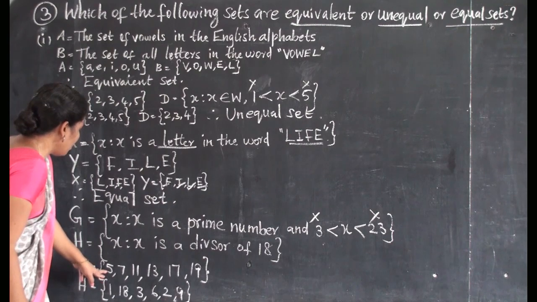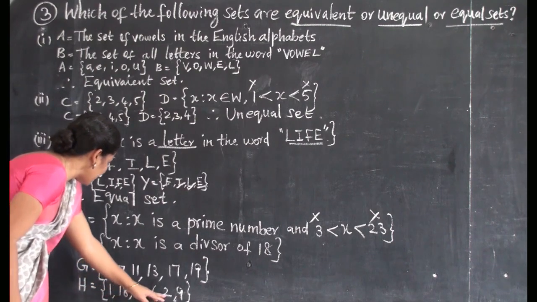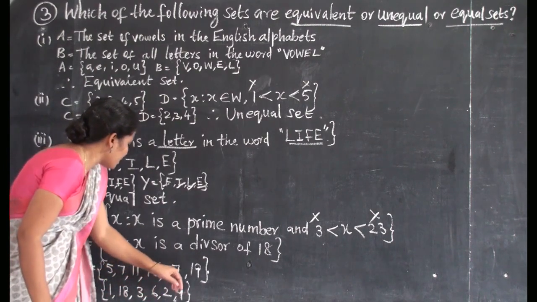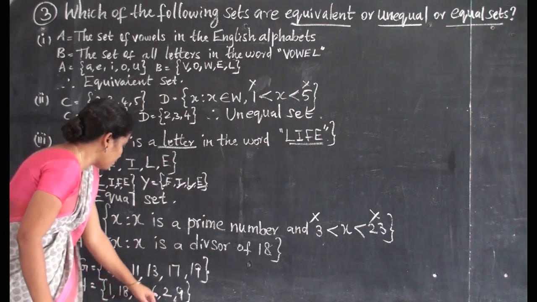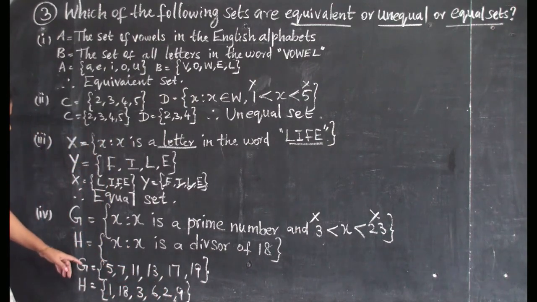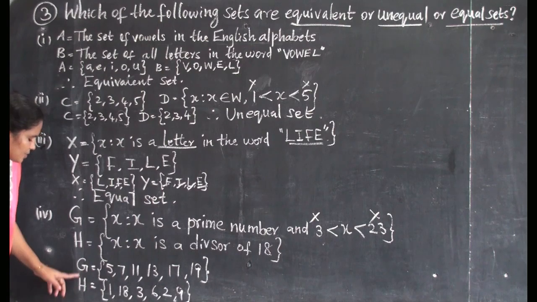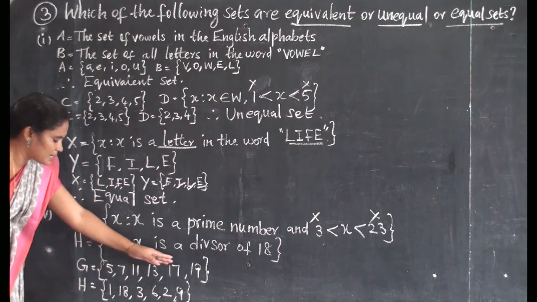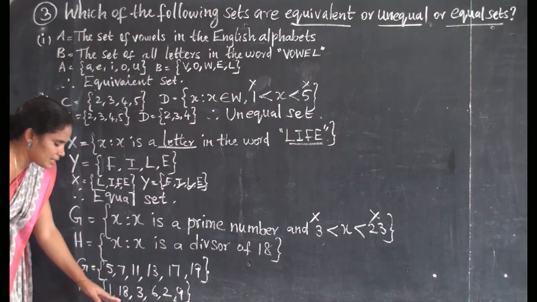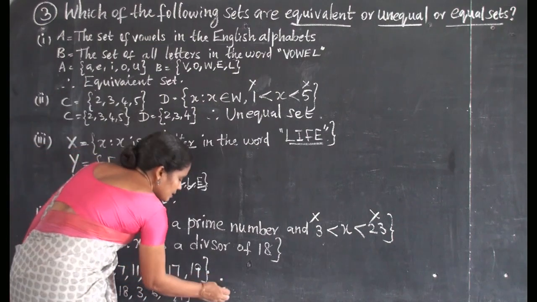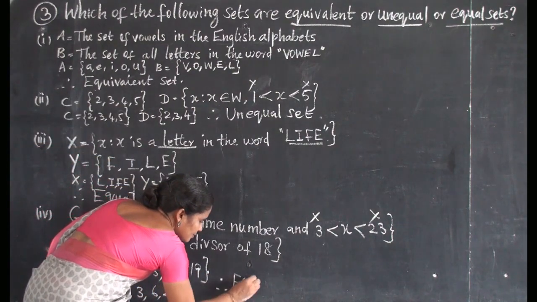G is equal to 5, which is not applied here. 1, 2, 3, 4, 5, 6. 1, 2, 3, 4, 5, 6. The cardinality of G and the cardinality of H are equal, but the elements present in G are not present in H. So therefore it is an equivalent set.